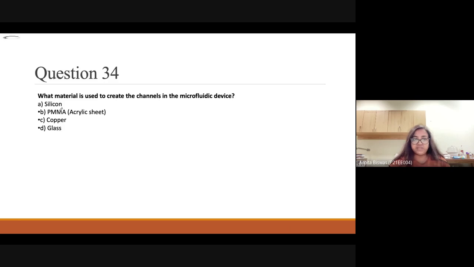So what material is used to create the channel in the microfluidic devices? So the right option is option D, the PMMA.